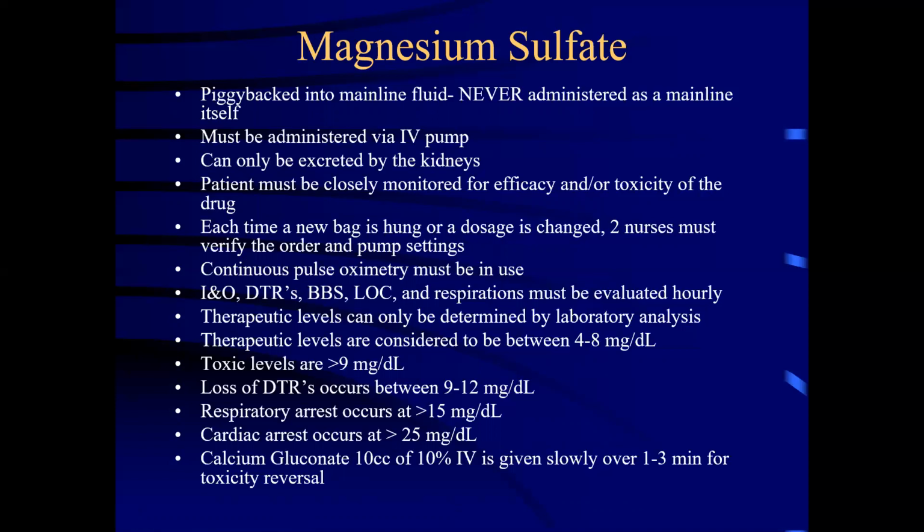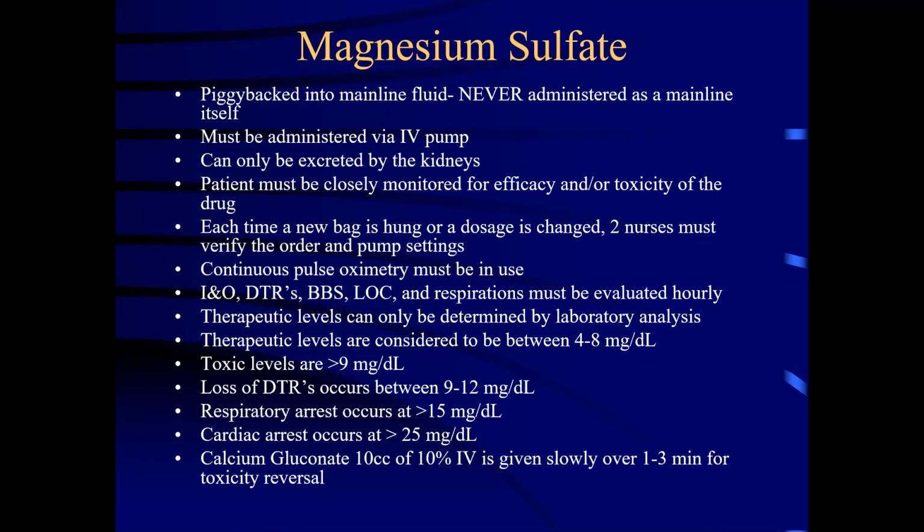You want strict I's and O's. I often recommend putting a urimeter on, especially if their urine output is low. Therapeutic levels of MAG are considered to be between 4 and 8, and greater than 9 is toxic. So you want to really make sure that you're watching the loss of DTRs with these patients. A lot of times for our magnesium inductions, if they get an epidural, you can't assess DTRs in the lower extremities.